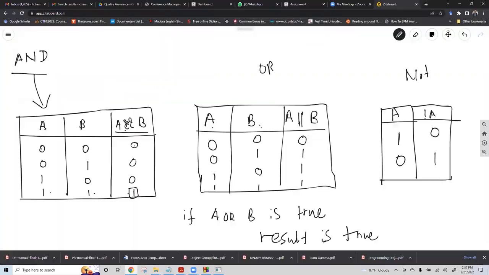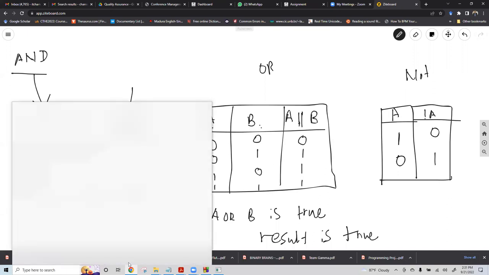According to our table, from logical AND, we can get 1 only in one situation. What is that? If A is 1 and B is 1. If both are 1, we can get 1.